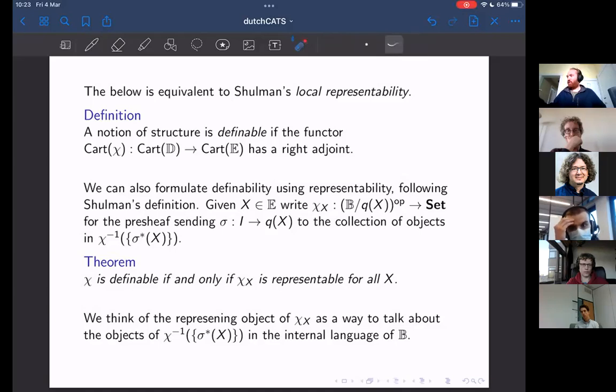A representing object of a presheaf like this is in particular an object of this slice category, B over Q of X, and so we can think of it as a way to talk about the notion of structure in the internal logic of the base B. So that's a way to think about this.